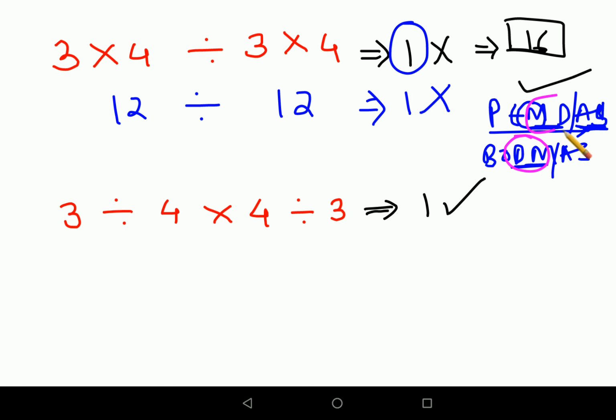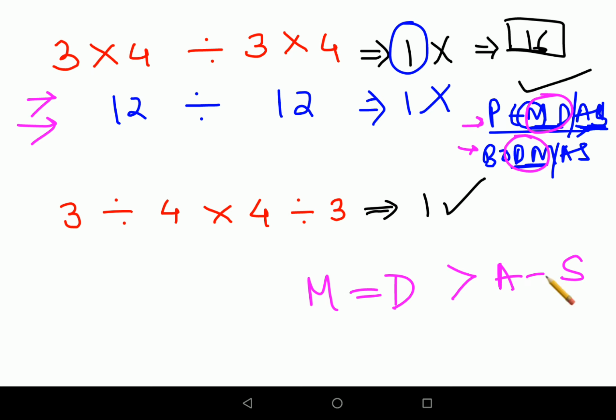If you had done BODMAS, you would have gotten a different answer, and if you did PEMDAS, your answer would have come out to be 1. The only precedence you need to remember is that they are ahead of addition and subtraction. Even in addition and subtraction, both of them hold the same precedence.